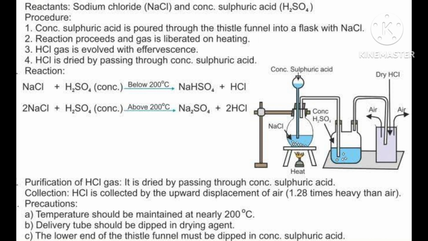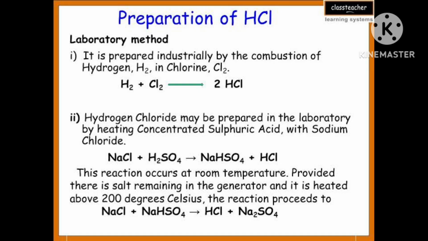It can also freeze to a white crystalline solid, and its freezing point is 159 Kelvin.